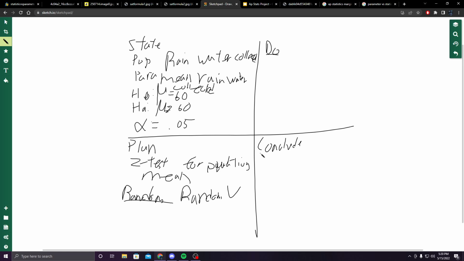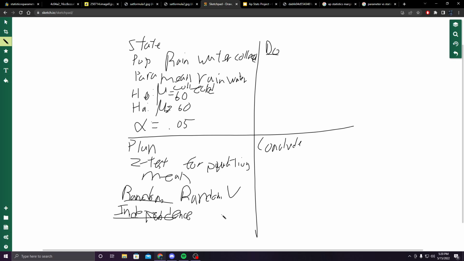Now, is the sample independent? Independence is very important because if I influence another study or participant, then that would make the study not valid.